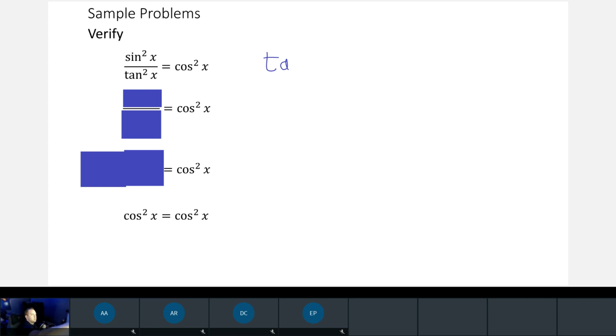Tan of x equals, what is it, sine of x divided by cosine of x, right? Well, the problem is it's squared, right?